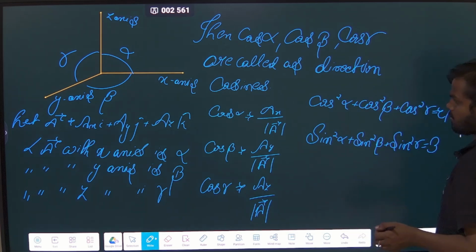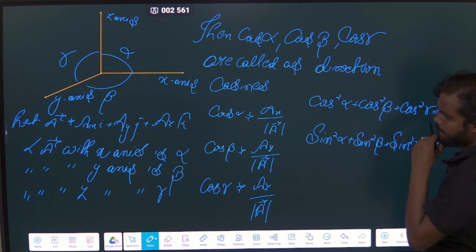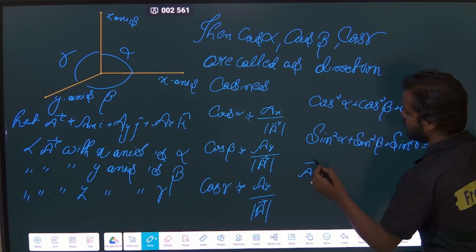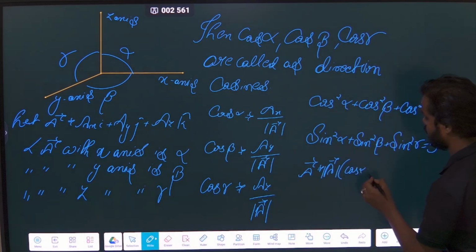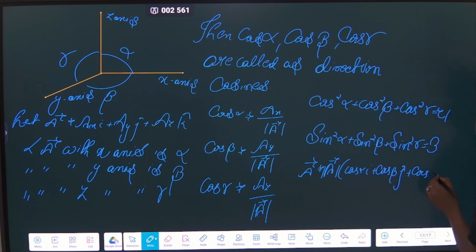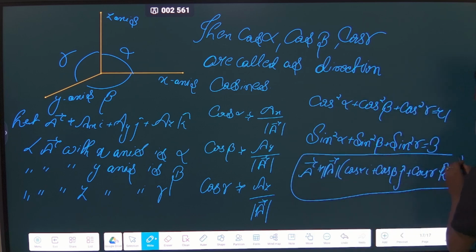So this is one thing, and I can write my a vector as mod of a vector times cos alpha i cap plus cos beta j cap plus cos gamma k cap. That is also one of the important results that you should remember.